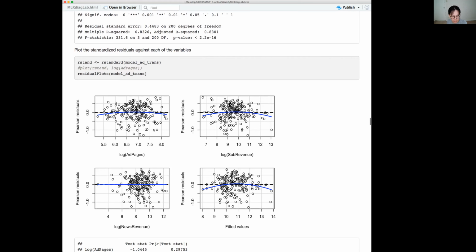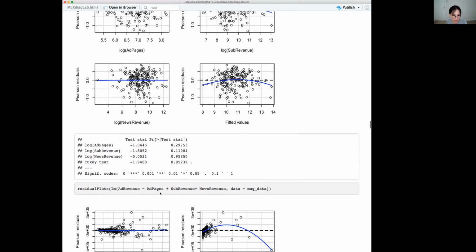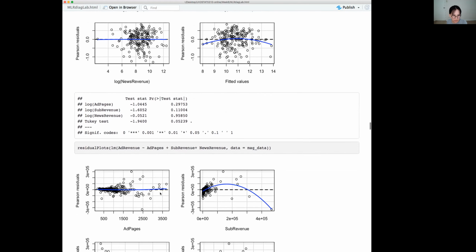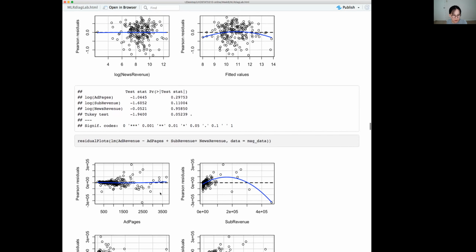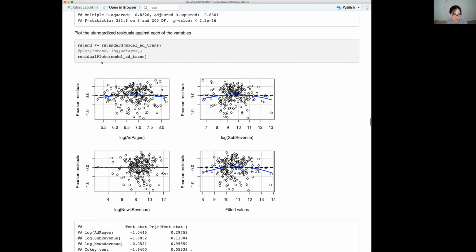If we look at the pattern of the residuals, they're okay. This is how you do residual plots: show the residual plots against each of your new variables and also the residuals versus the fitted values.